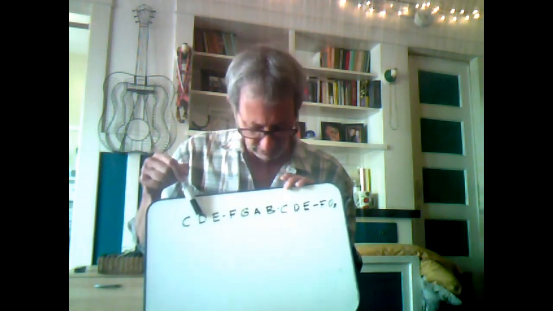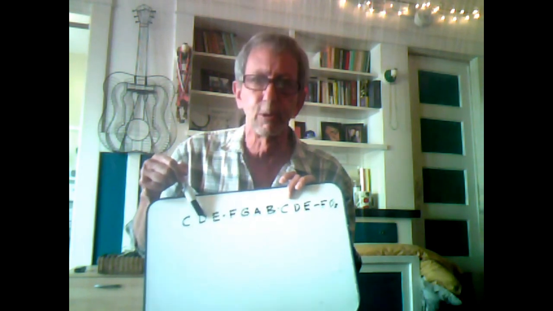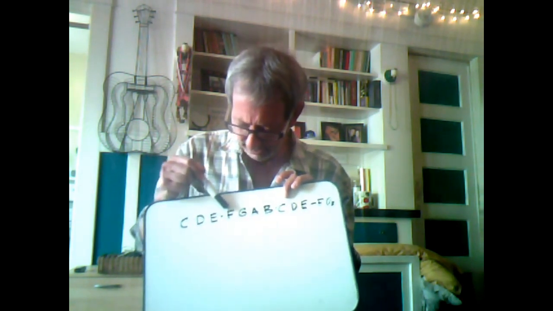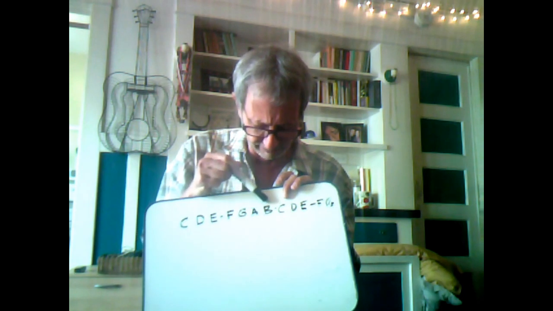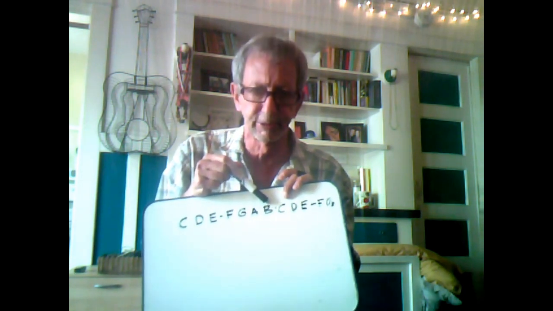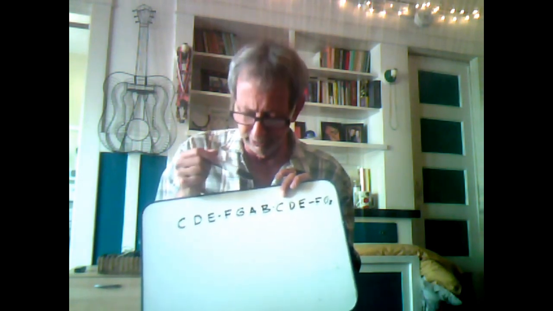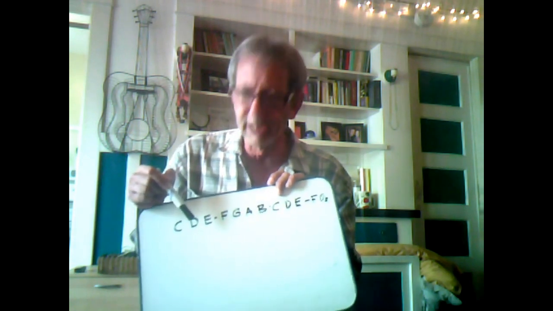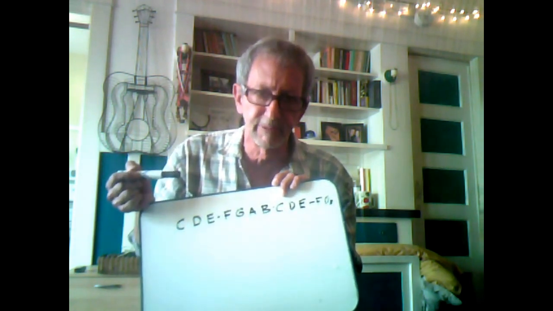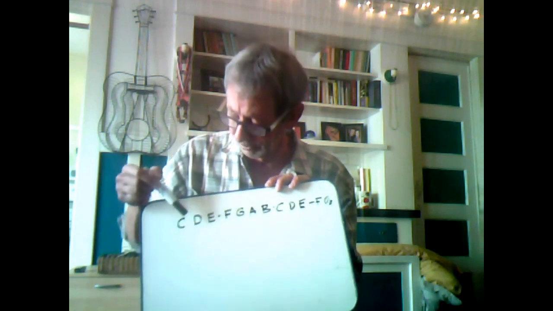C to B. Well, first let's count the whole steps and half steps in this. 1.5, 2.5, 3.5, 4.5, 5 steps to get the minor seventh. And the major seventh is probably going to be 5.5 steps because of that half step interval.